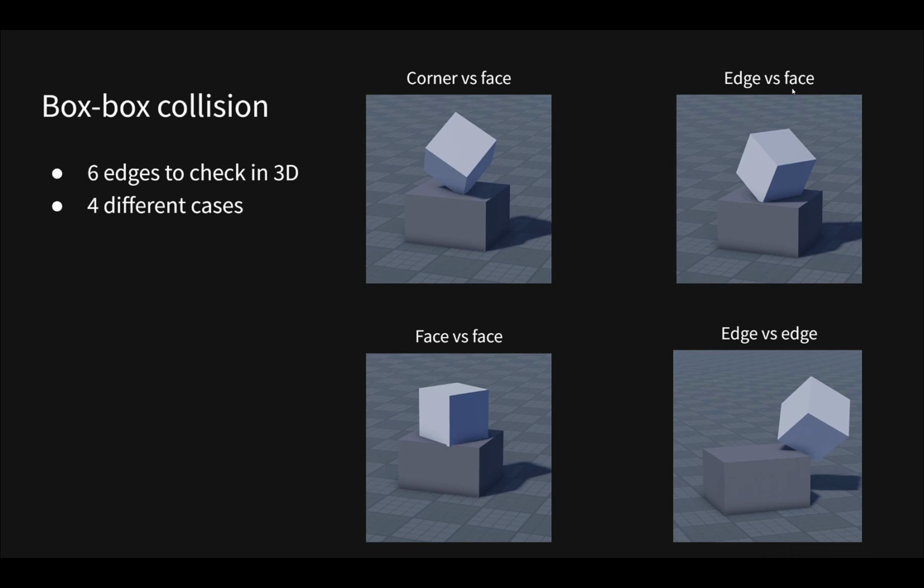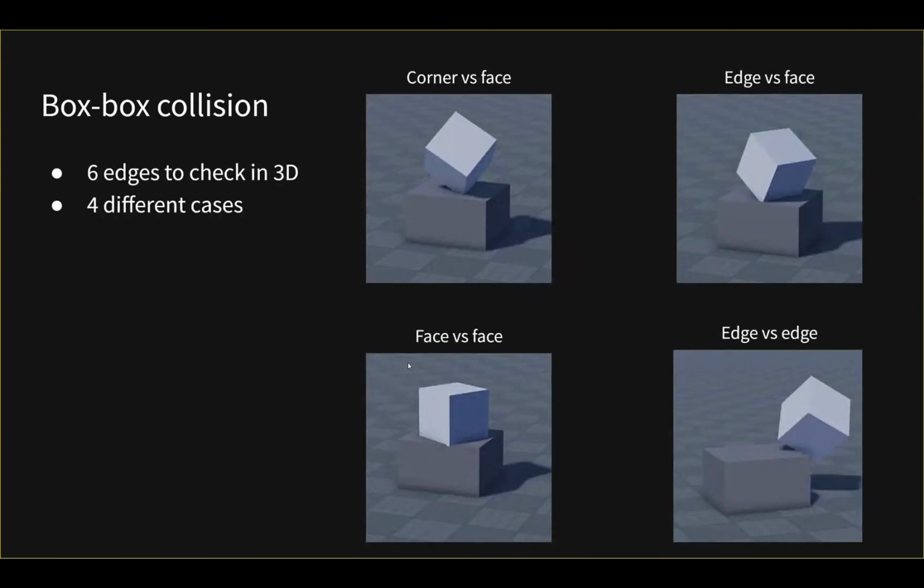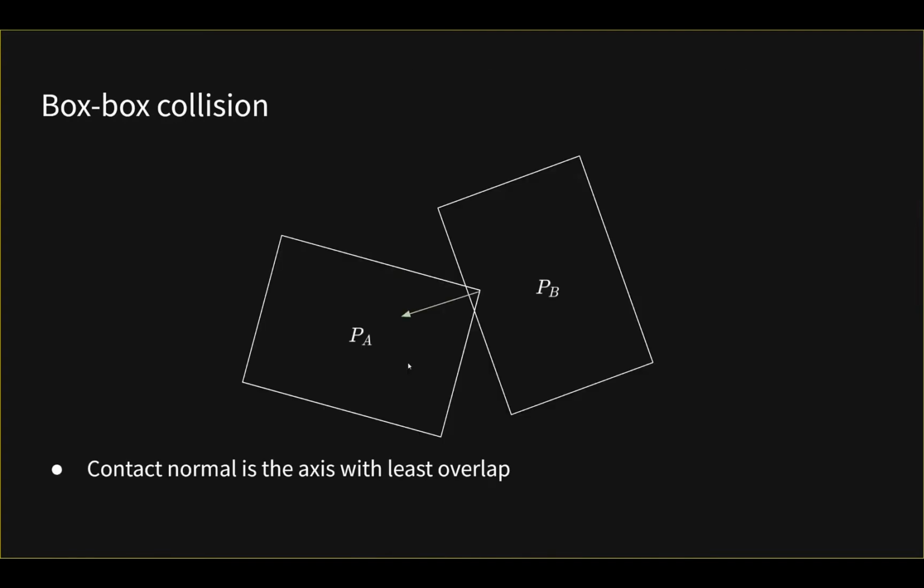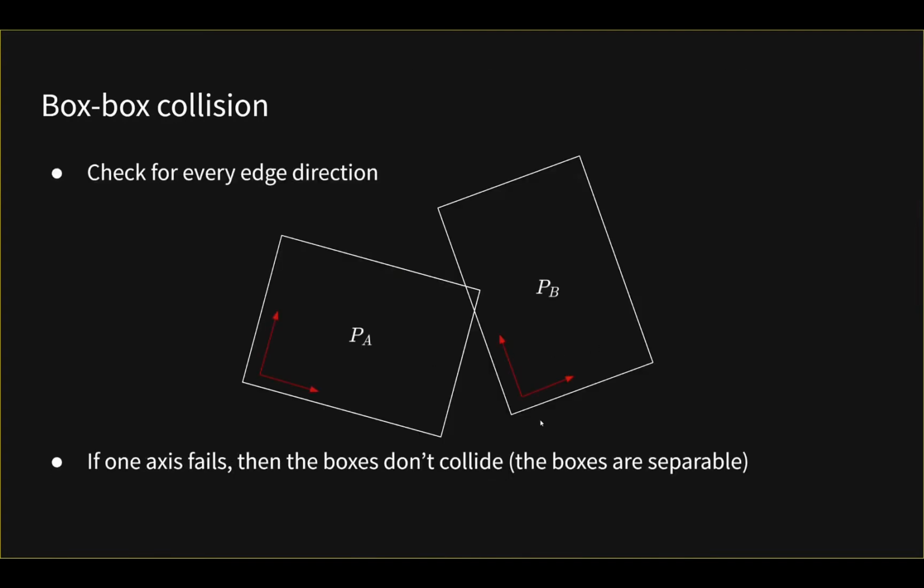Then we also have edge versus face, and face versus face. And then there is also a sneaky little case where the edge of one box collides with the edge of another.